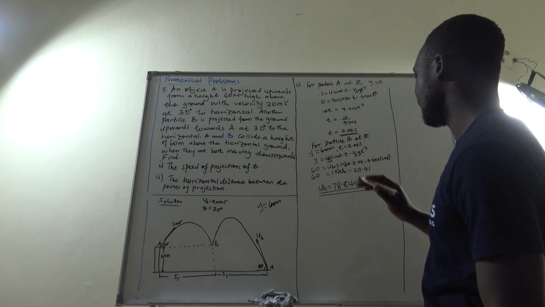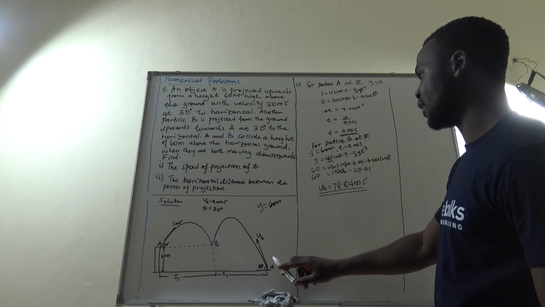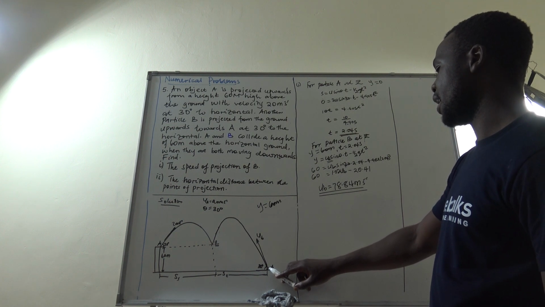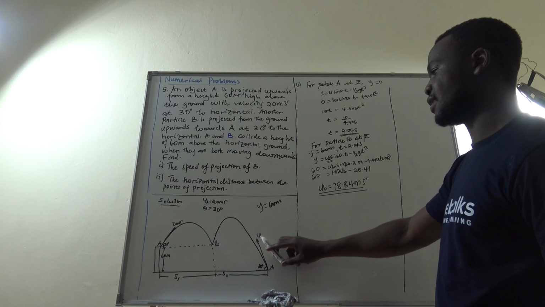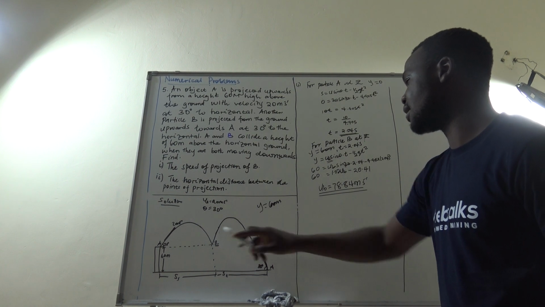That is it. It was 78.4 meters per second. That is the speed at which this particle must be sent off such that it collides with this other particle A at this point Z.